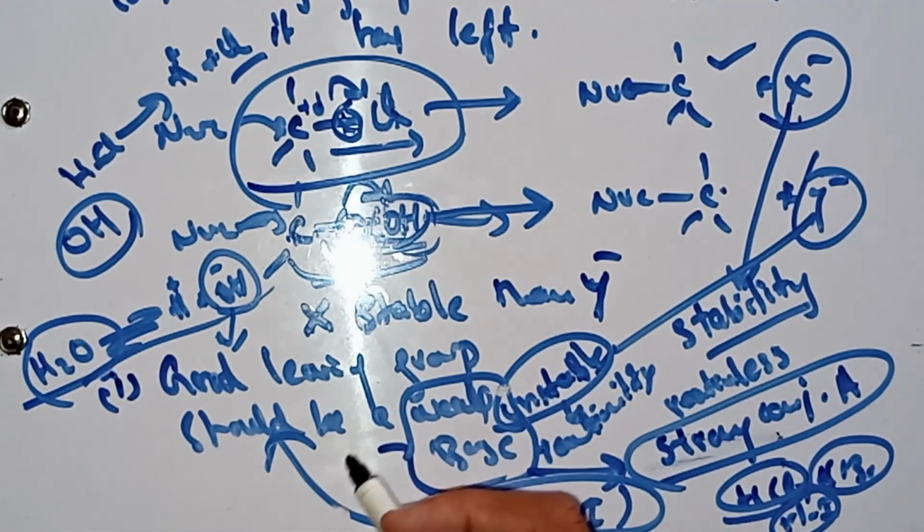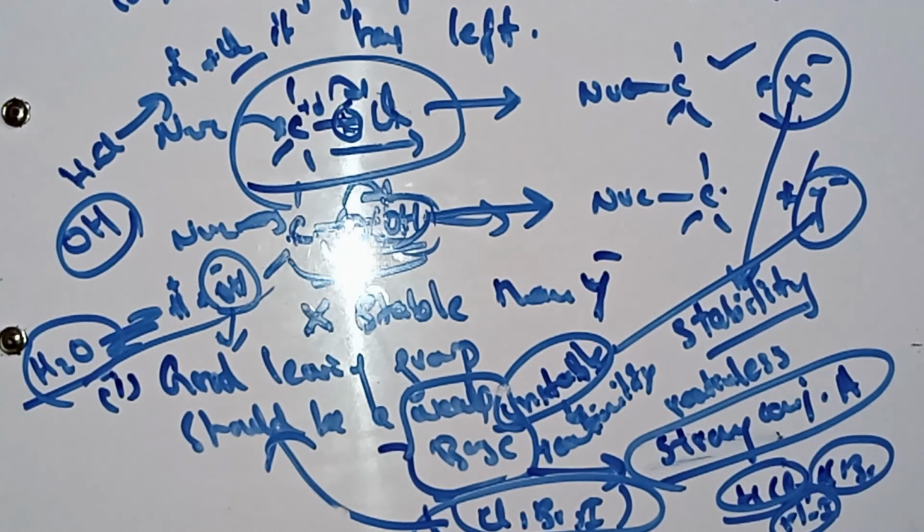These are the general features of the leaving group in substitution reactions, when the substrate is attacked by any nucleophile. In the reaction, the leaving group must leave after the formation of the bond between the nucleophile and the electrophile. So the leaving group must leave.